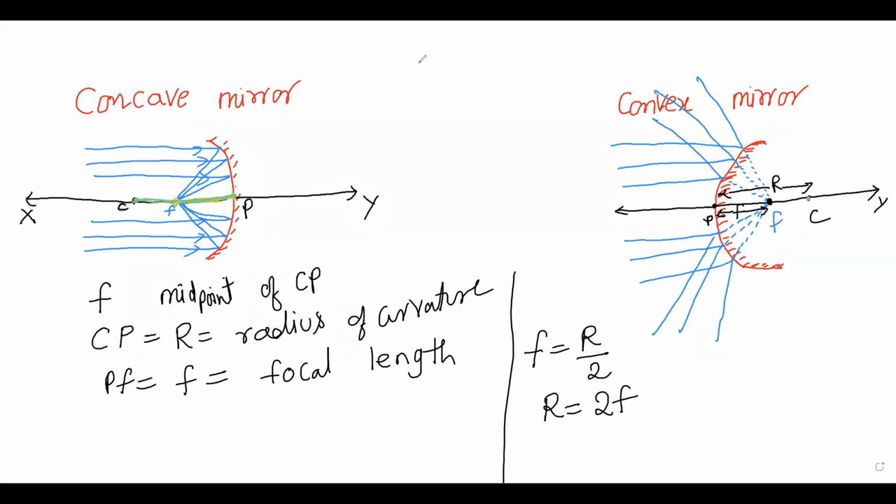Okay, if you double the focal length, you will get radius of curvature. For example, center of curvature, focal point will be exactly in the middle.